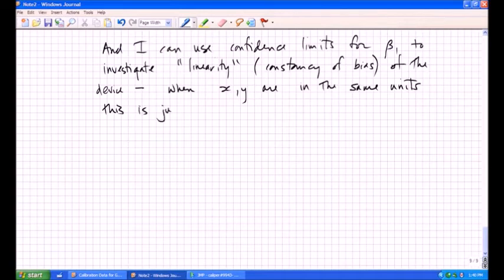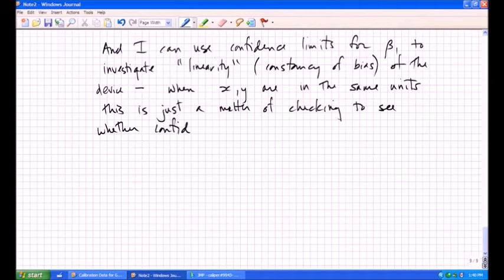this is just a matter of checking to see whether the confidence limits for the slope, the confidence interval for beta 1, includes the number 1.0.